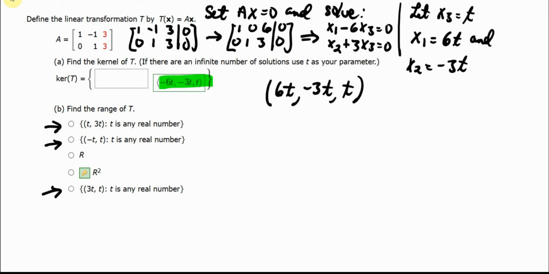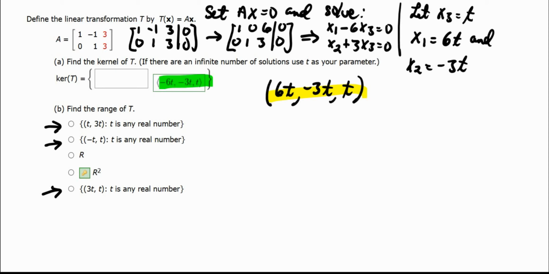And you have to rule them all out, because these values are not even in the reduction of this, right? If you were to reduce this, you would get something like 2t, negative t, or something like that, if you're looking at those two components.